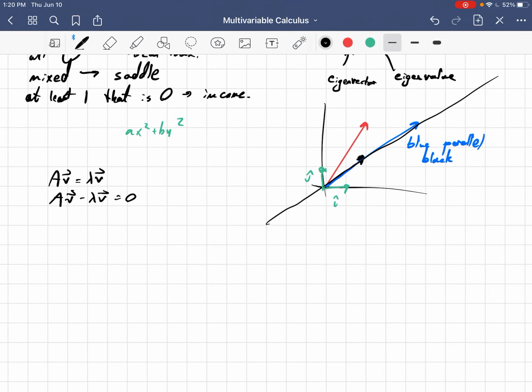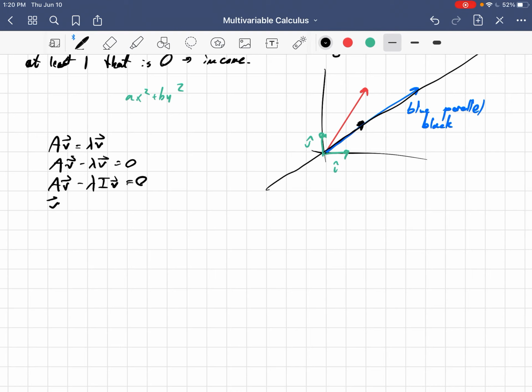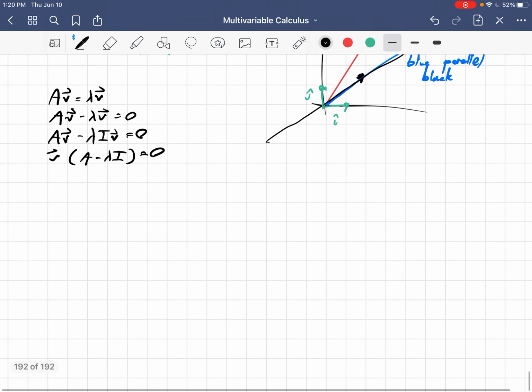So I'm going to essentially multiply by 1 in matrix form, the identity matrix, so that I have lambda I v, where I is the identity matrix. I'm going to factor out v to get (A minus lambda I) v equals 0.